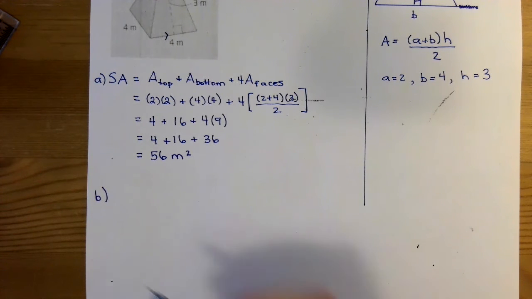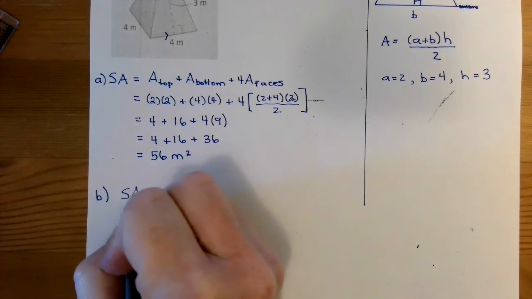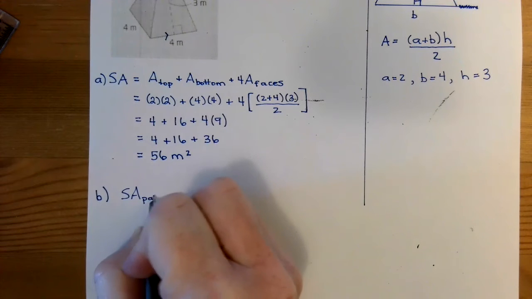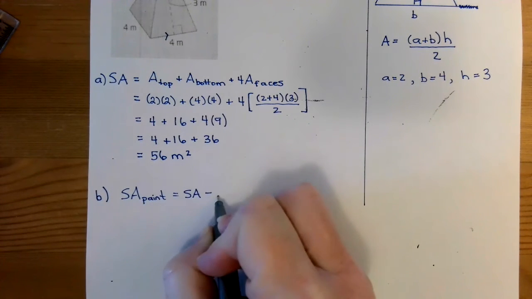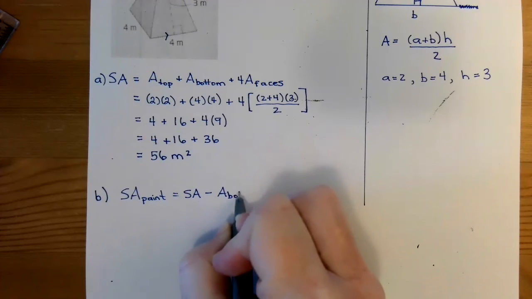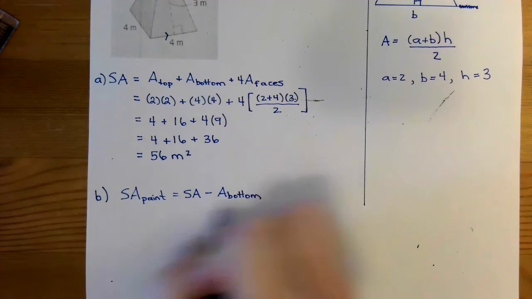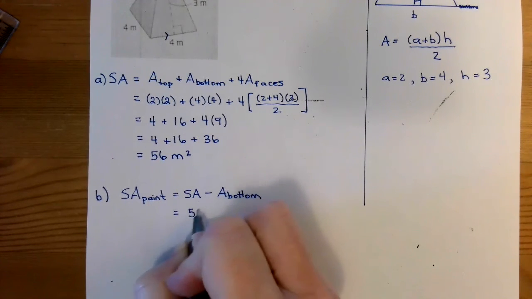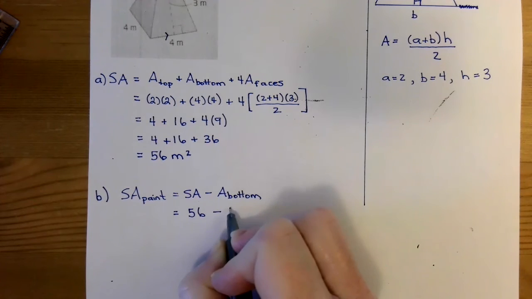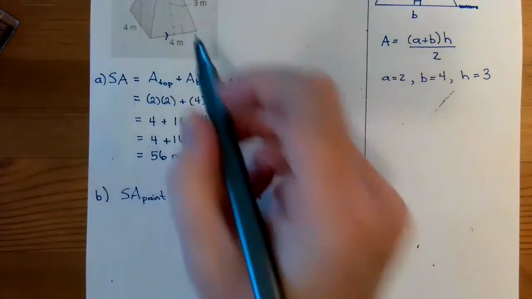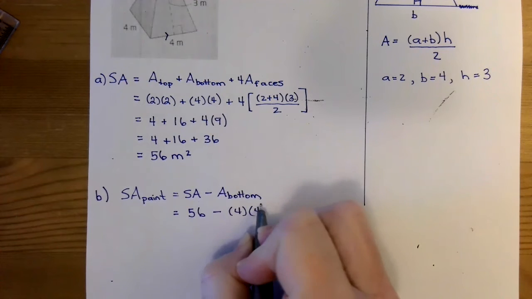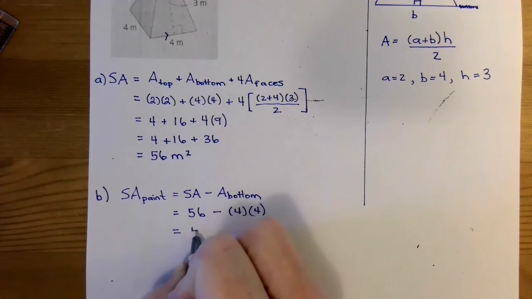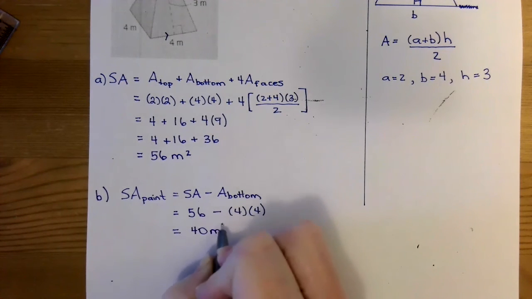That will give me the surface area that I want to paint. So the surface area to paint equals the surface area from part A minus the area at the bottom, which is 56 minus 4 times 4, or 16. That's going to equal 40 meters squared. So that is all I need to paint.